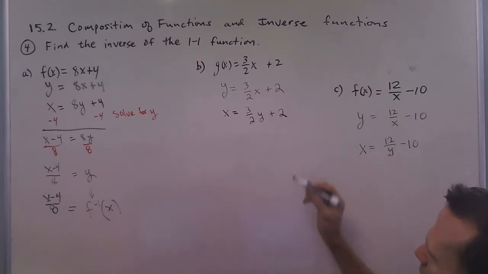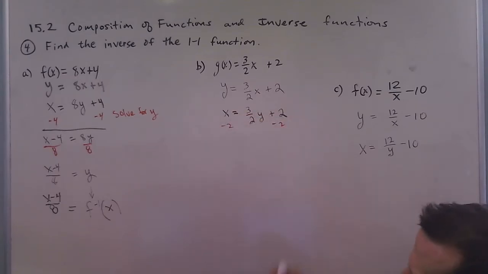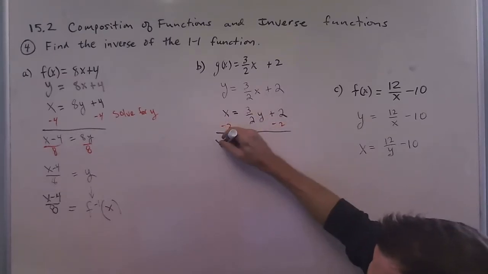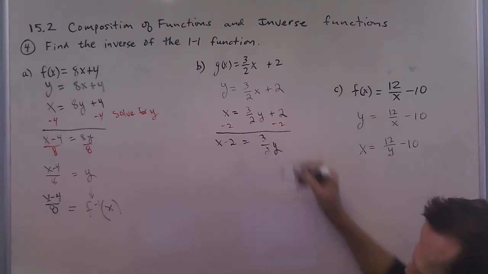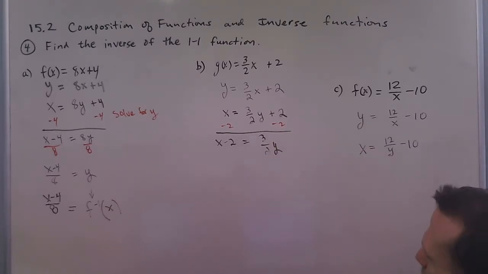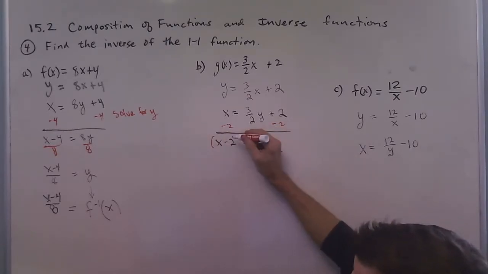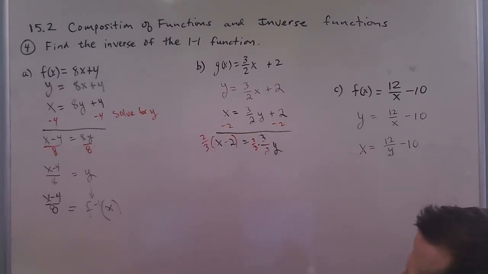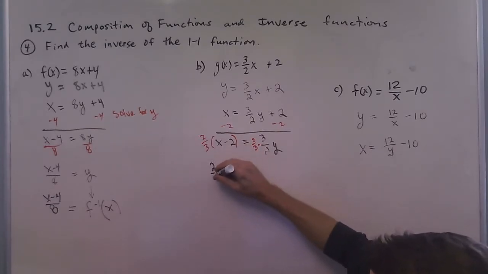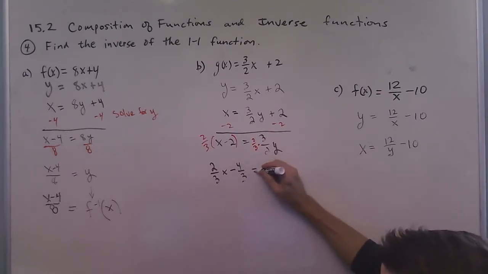Okay, so let's look at those steps here. So I'm going to solve for y. I'm going to subtract 2. All right, easy enough. Get x minus 2 on the left side equals 3/2 y. Some students will divide by 3/2 here. I'm going to multiply by 2/3, multiply by the reciprocal, multiply this side by the reciprocal. And what I get is 2/3 x minus 4/3 equals y.